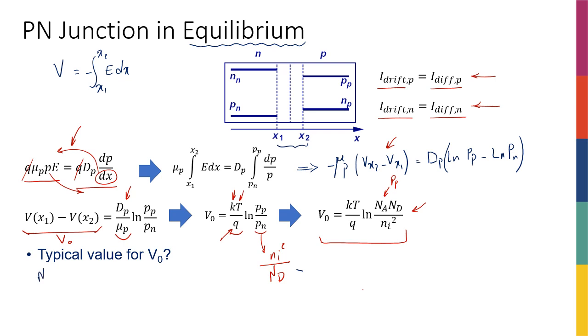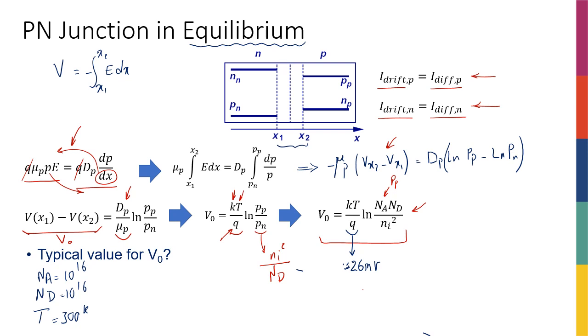Let's say Na is equal to 10 to the power of 16 and Nd is 10 to the power of 16, and at room temperature, T equal to 300 Kelvin, kT over q is approximately 26 millivolts.